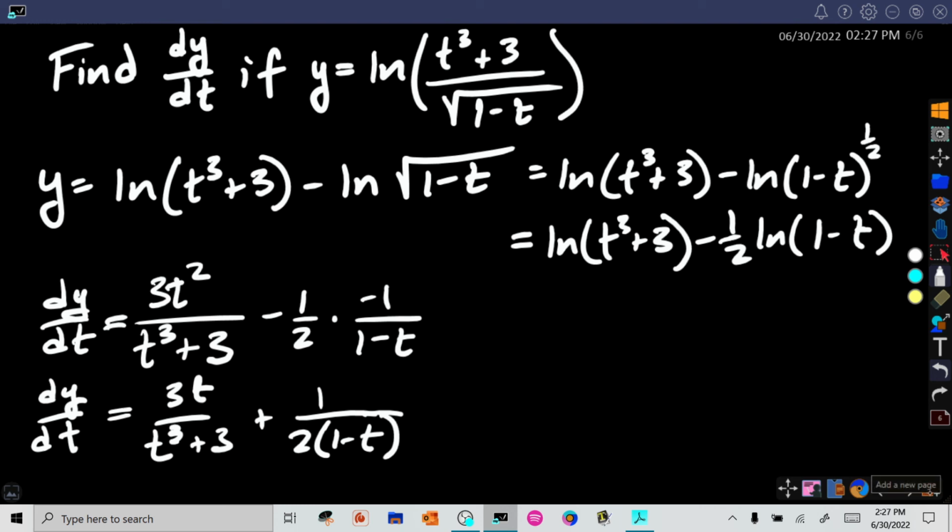All right, let's do this next one. I need to find the derivative of natural log of (3x plus 1) to the 1/2. Because we're dealing with natural logs, that exponent can drop down in front as a multiplier.